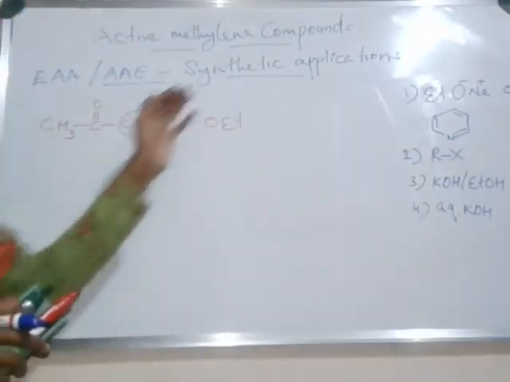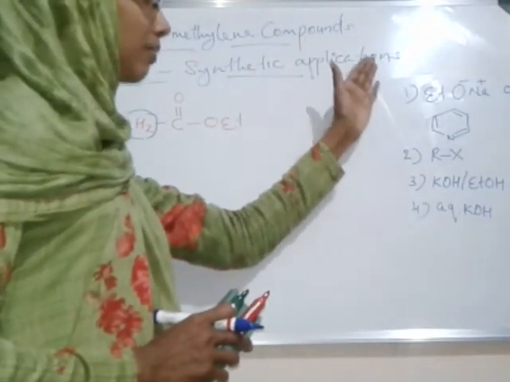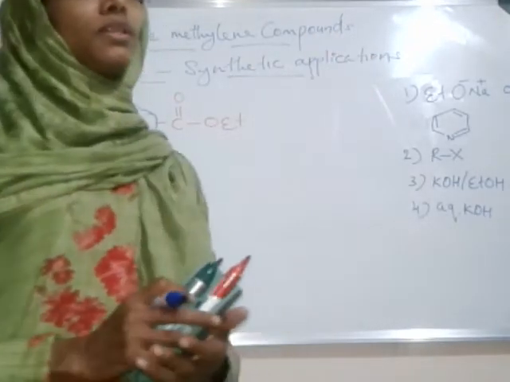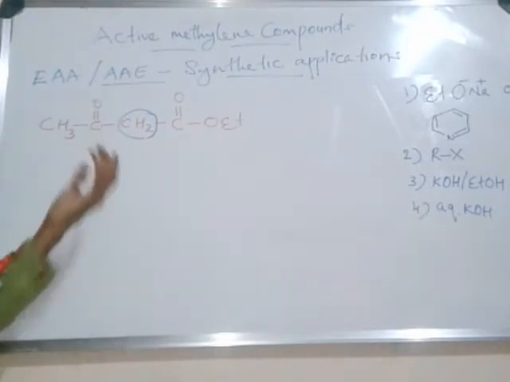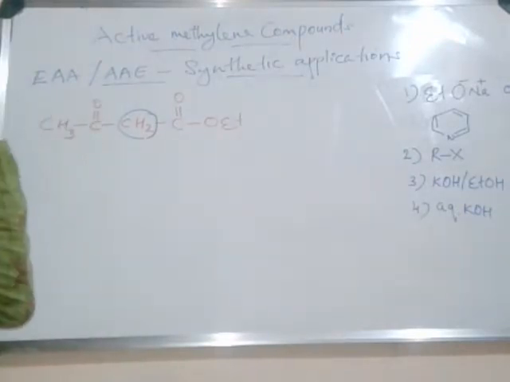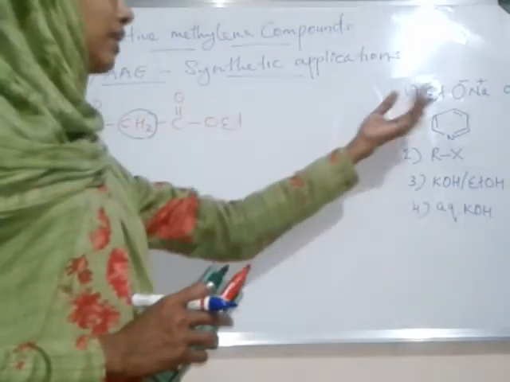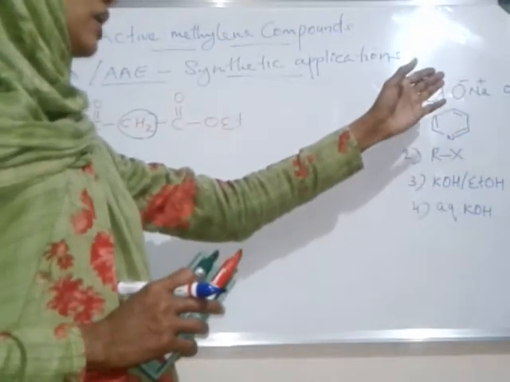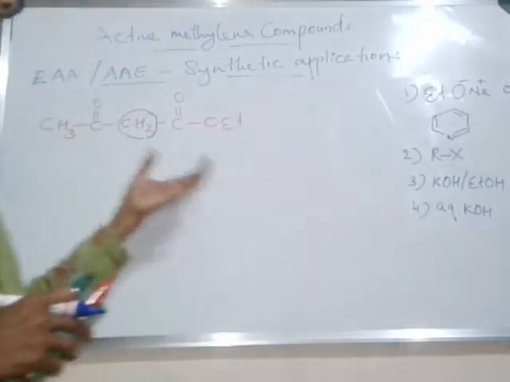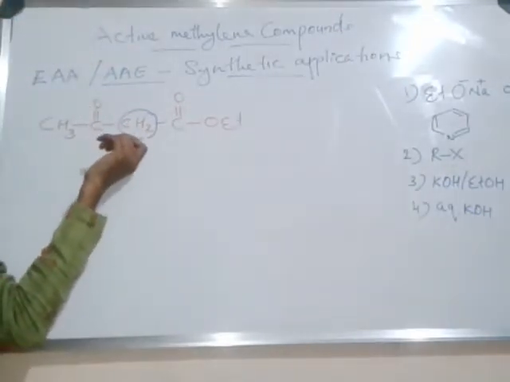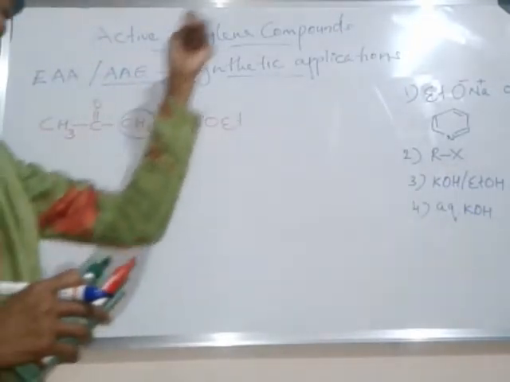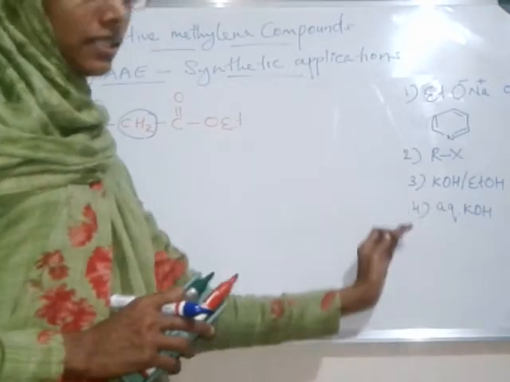Okay, these are the familiar or common steps involved in the synthetic applications of ethyl acetoacetate. First we can check what changes happen in ethyl acetoacetate when treated with these reagents.